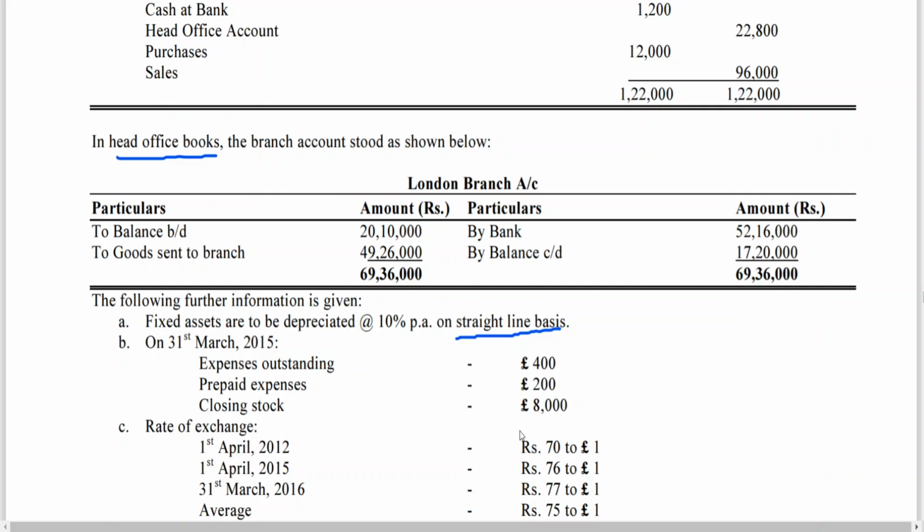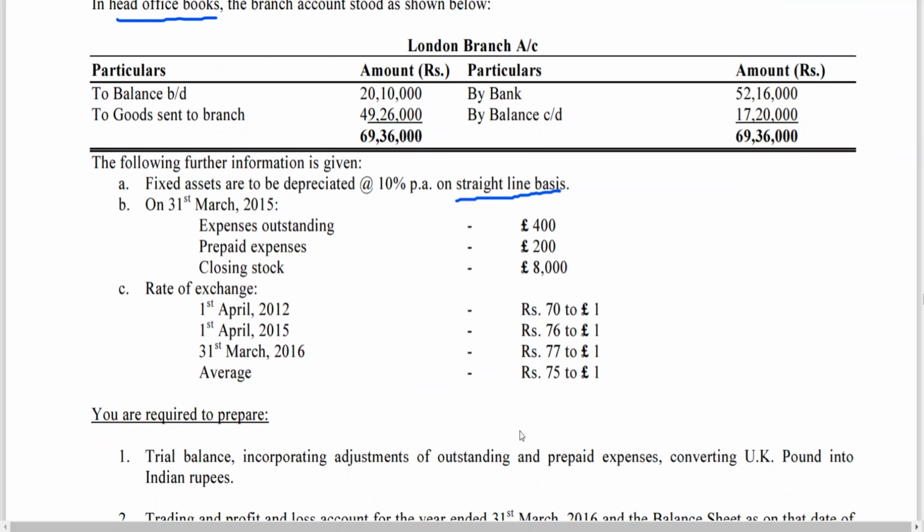The rate of exchange information has been given to you. You are required to prepare the trial balance. This is the opening rate, this is the closing rate, and this rate is on the date of acquiring, on the date of purchasing the fixed asset.